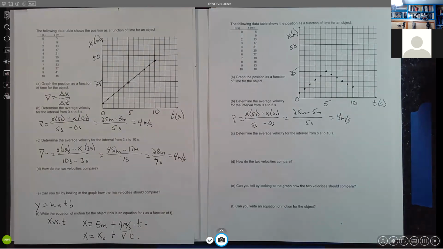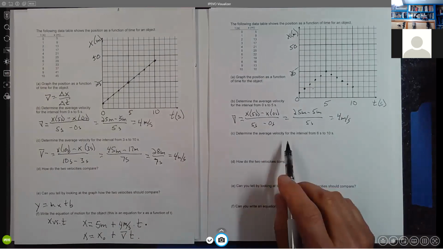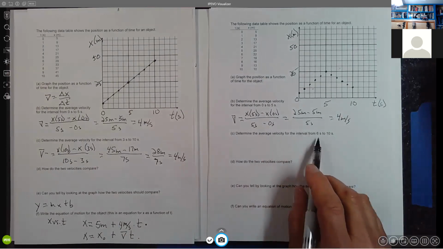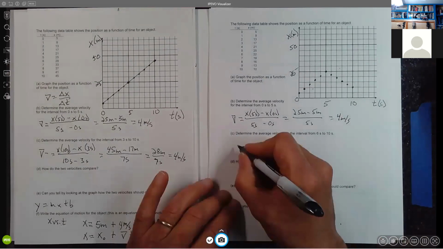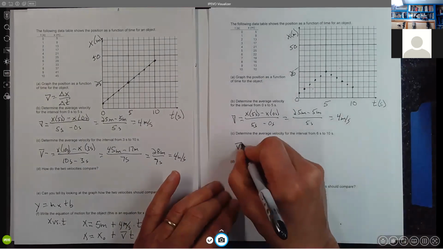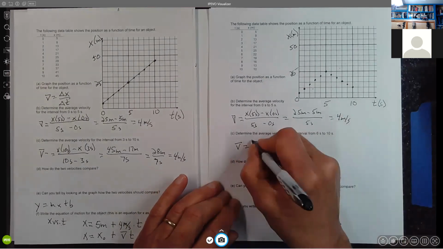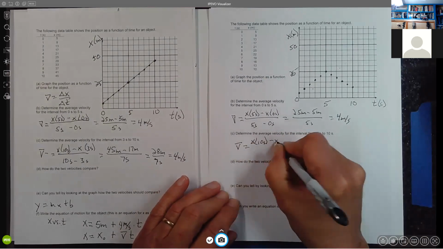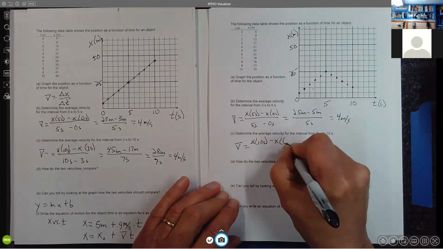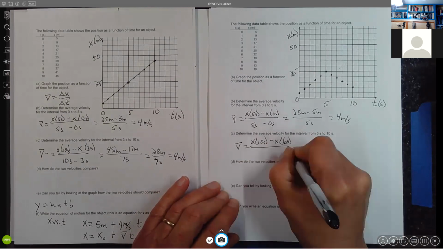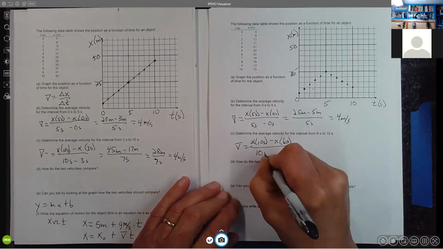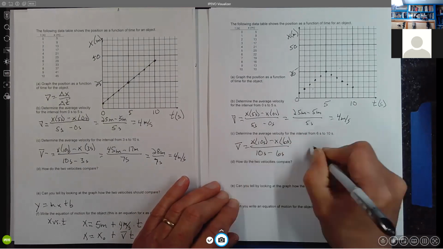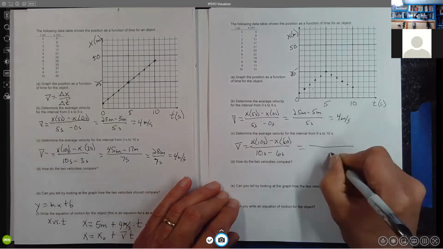so that's okay. But then it says, determine the average velocity for the interval from 6 seconds to 10 seconds. Okay, let's see what we get. That'll be x of 10 seconds minus x of 6 seconds divided by 10 seconds minus 6 seconds. Well, the denominator is 4 seconds.